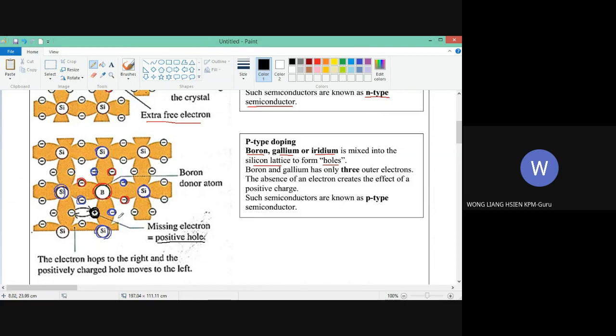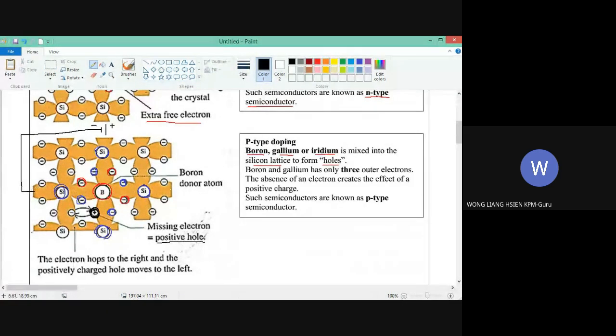However, when you put this semiconductor doped with boron with a potential difference, for example, you connect it to a power source, like this, here is positive, here negative.